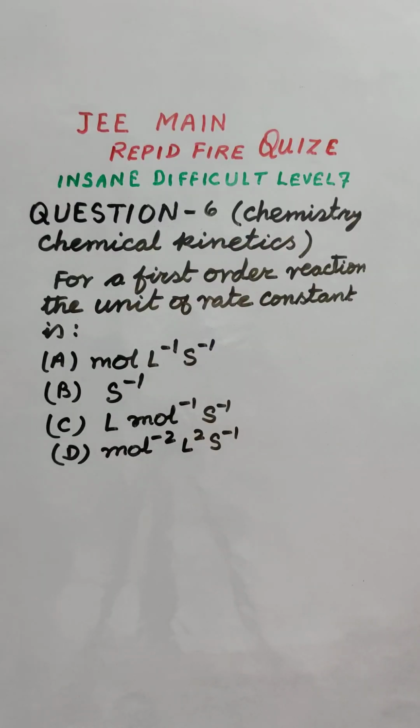Our sixth question is from chemistry, chemical kinetics. For a first order reaction, the unit of rate constant is: option A, mole L inverse second inverse, L for length here, B, second inverse, C, length mole inverse second inverse, D, mole inverse 2 length inverse 2 second inverse 1.